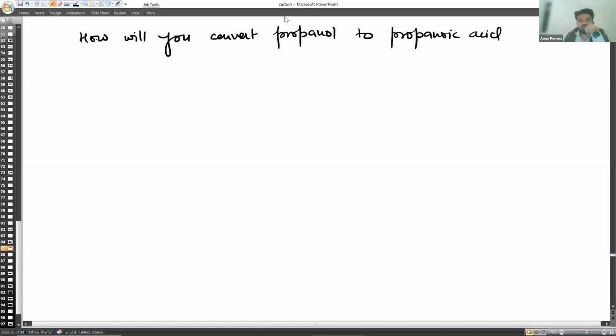If it is being asked how will you convert propanol to propanoic acid, you can take it this way. Propanol is CH3, then CH2, then CH2, and then OH.